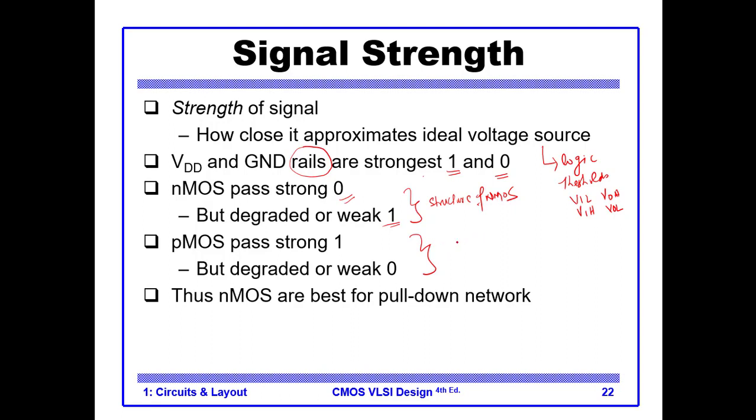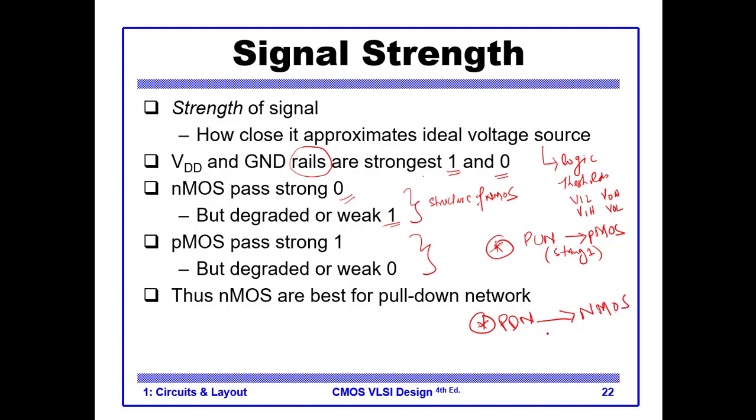And that is the reason, if you remember, that the pull-up network used PMOS. Why? The reason is it passes a strong 1. And the pull-down network uses NMOS.